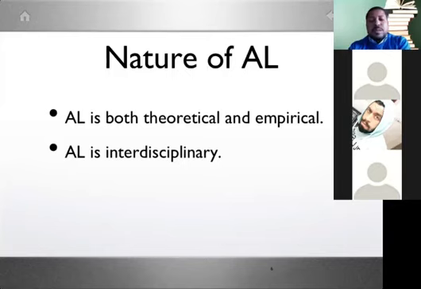It could be participant observation, non-participant observation, etc. It's also used in other fields. In applied linguistics, we can use content analysis, and it's used in other fields. So that's what we mean by interdisciplinarity. Applied linguistics intersects, coexists, and shares a number of elements, namely the terminology, the research methods, and issues with other disciplines.